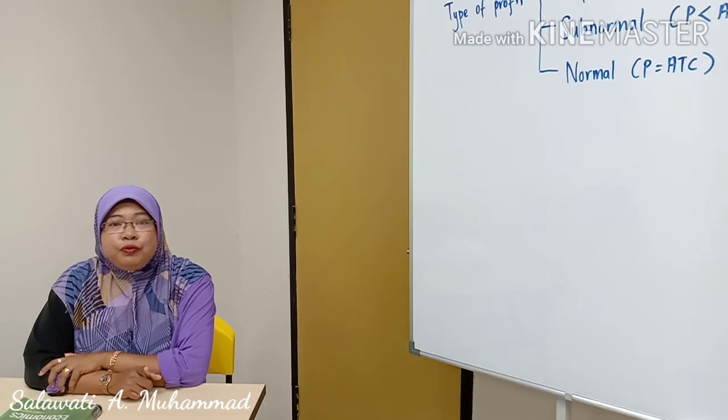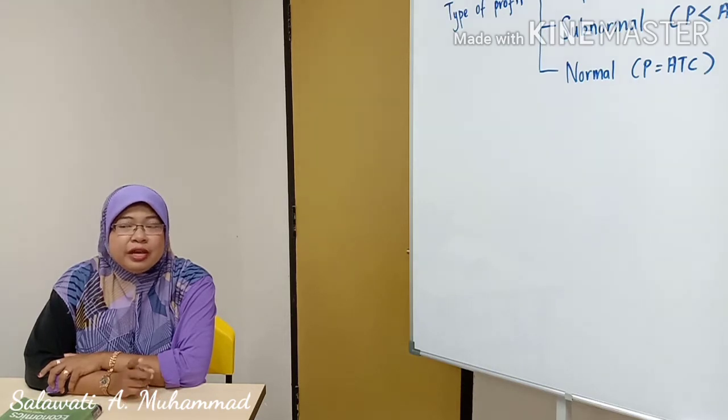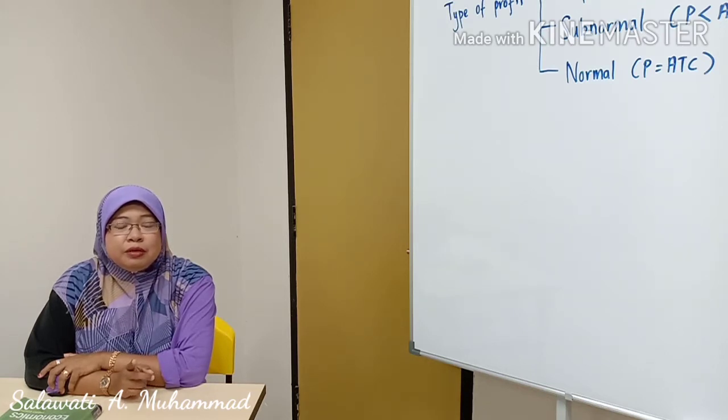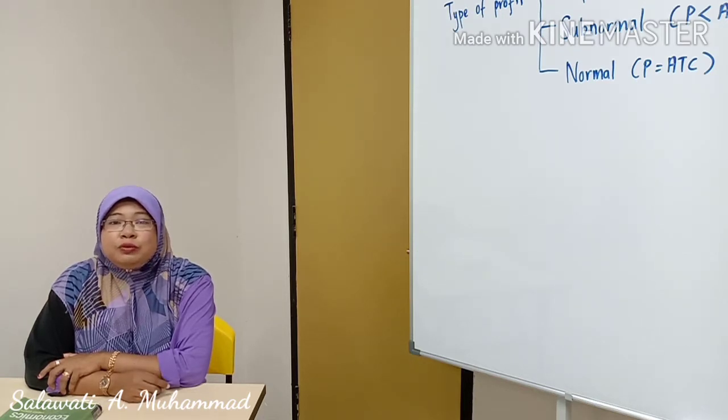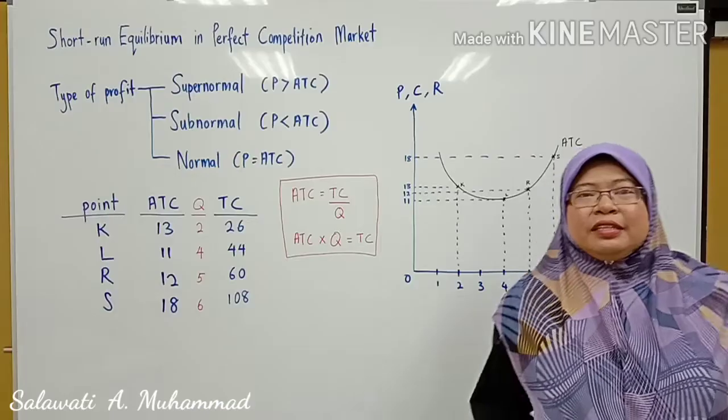But in order to calculate profit, we need to know the amount of total cost and also total revenue, because when we deduct total cost from total revenue, we will know the amount of profit earned by the firm. So how do we identify total cost and total revenue from a diagram?